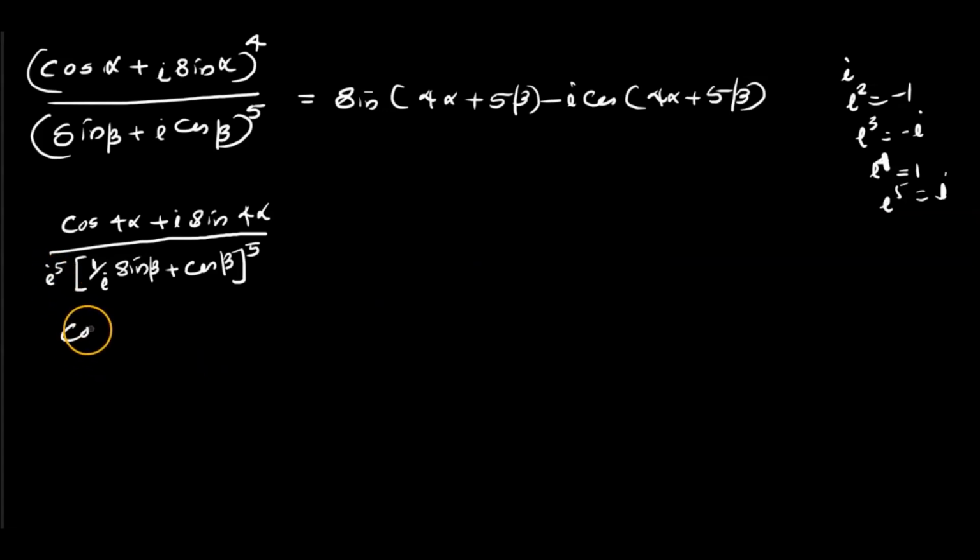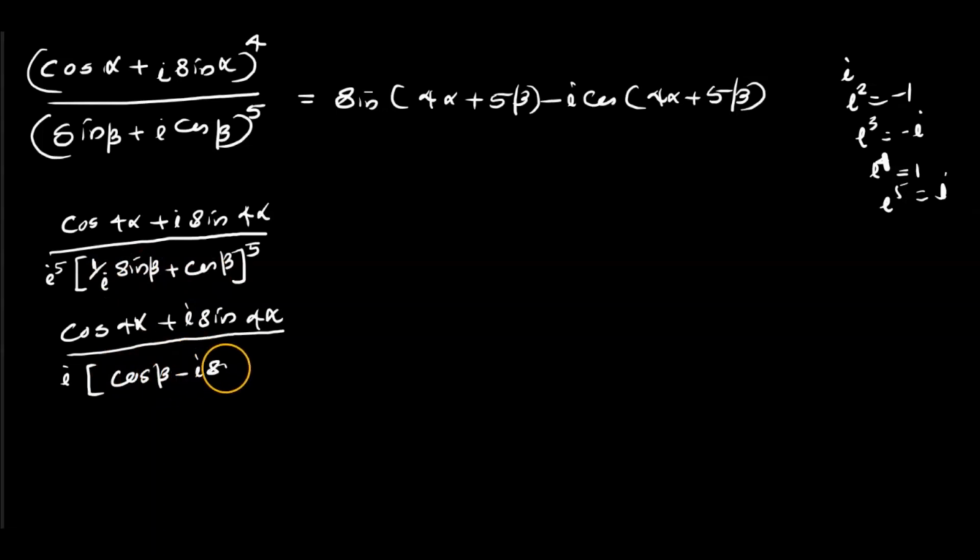So this is equal to cos 4 alpha plus i sin 4 alpha divided by, this is i, 1 by i is minus i, so minus i sin beta plus cos beta. That means (cos beta minus i sin beta) all power 5.